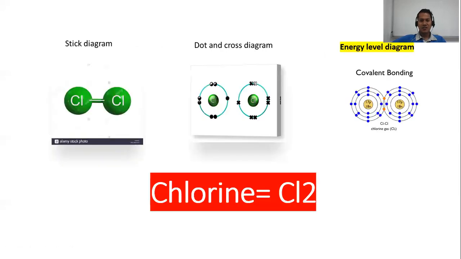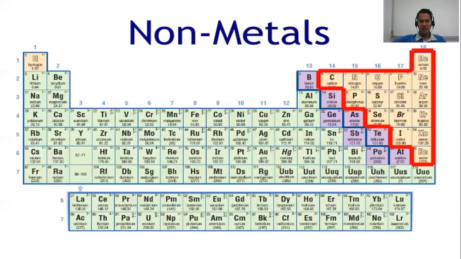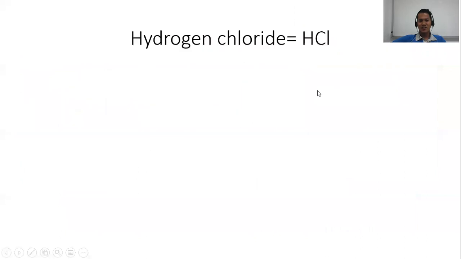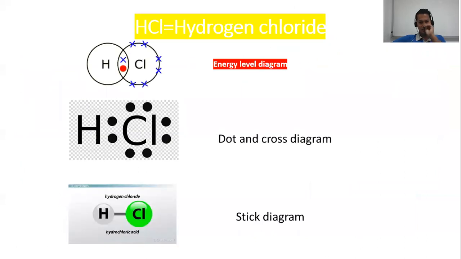Let's go back to the periodic table again. Hydrogen here is in group 1, so that means it has 1 valence electron, remember? And chlorine is in group 7, so it's going to need 1 electron. Now I'm giving you the hint. So what's going to happen to the hydrogen chloride? Here we go, check your answer.